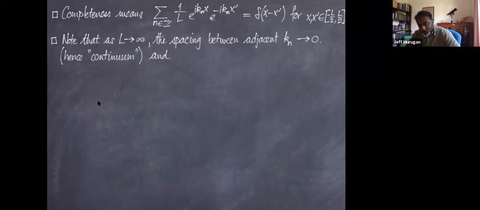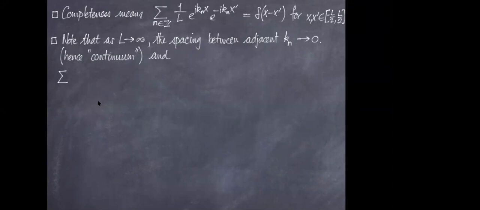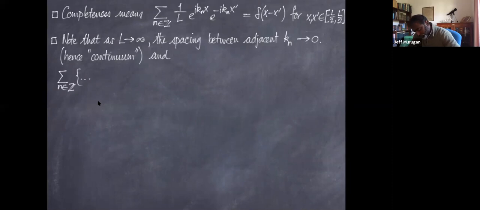the following is true. The sum over these integers of whatever it is we were talking about goes over to an integral over the real line from minus infinity to infinity, dn of whatever it is we're talking about.